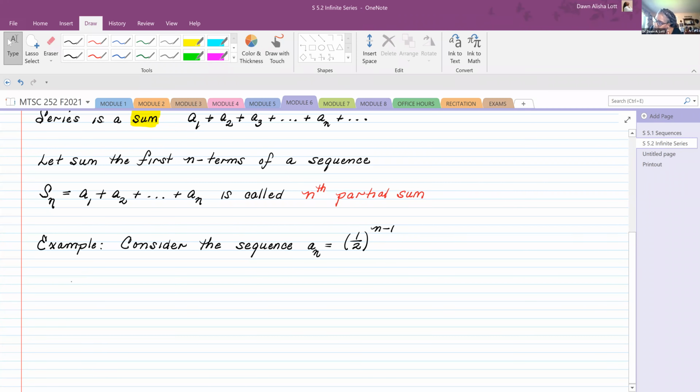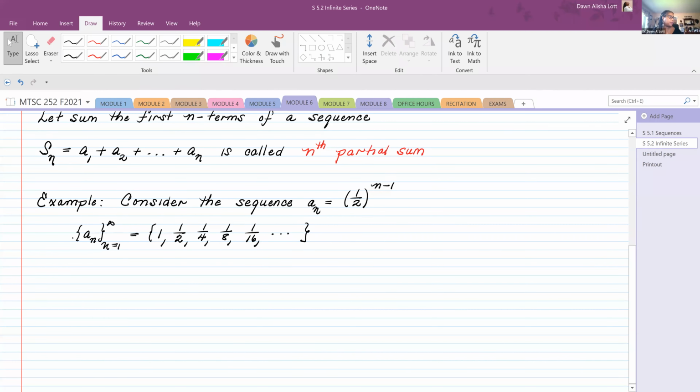Well, we know then that An looks like 1, 1/2, 1/4, 1/8, 1/16. That's the entire sequence. It is a list of the numbers that are powers of 1/2.